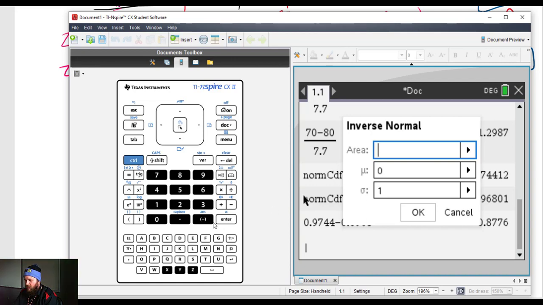Now I want to know the area. We said the area for this setup was 0.15, but what's the area to the left of that?